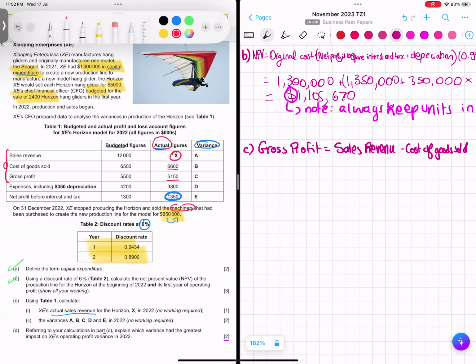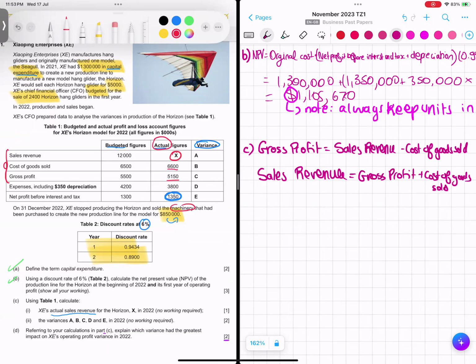So we manipulate the formula: sales revenue is equivalent to gross profit plus cost of goods sold.